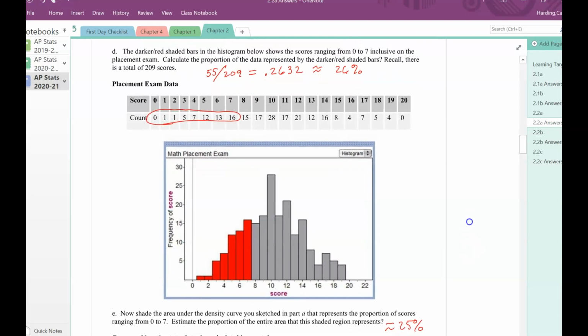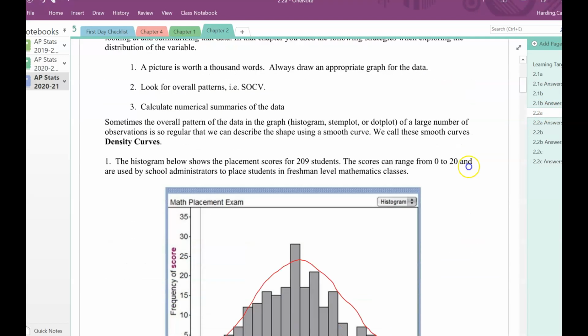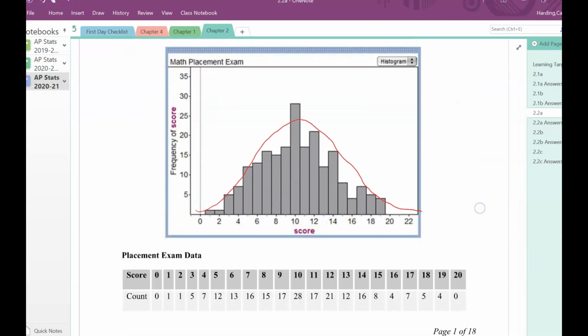If we went back to that very first picture on the first page of the same data, this was the density curve that we had created, and if we just shade in which portion of that is from 0 to 7, we're looking here at this portion of the density curve.